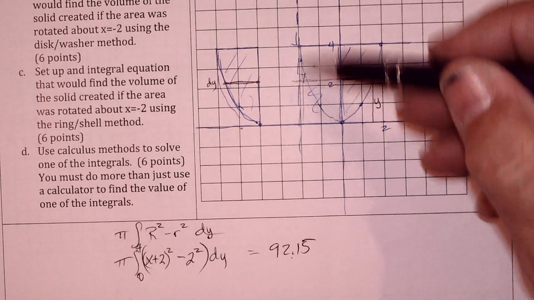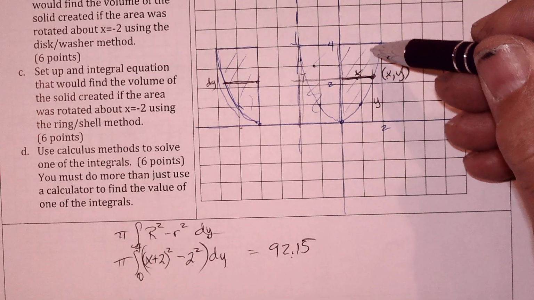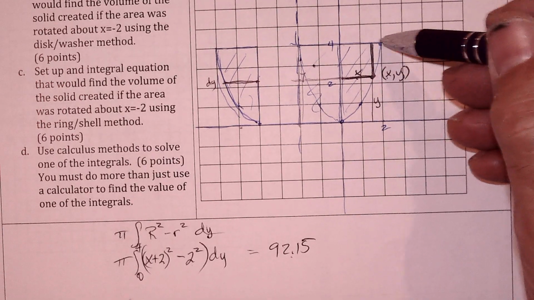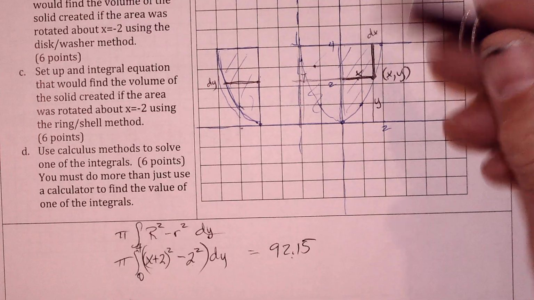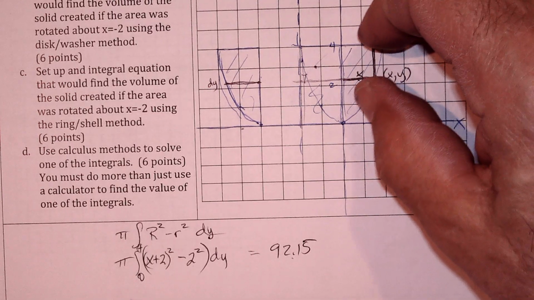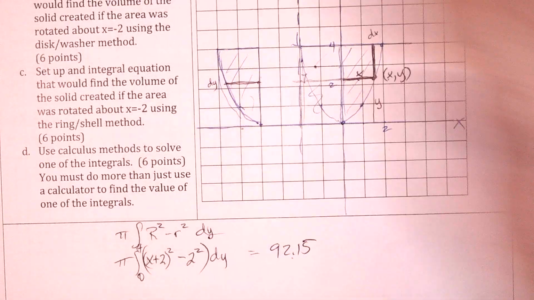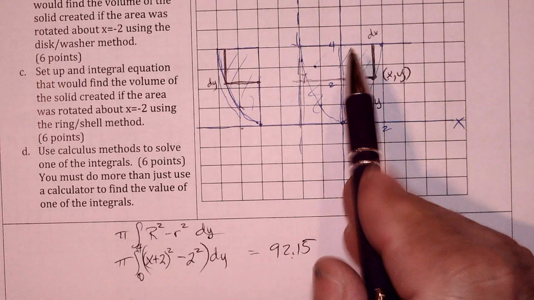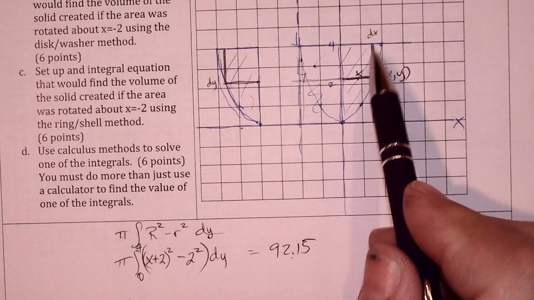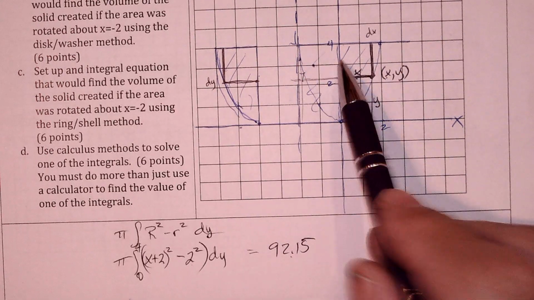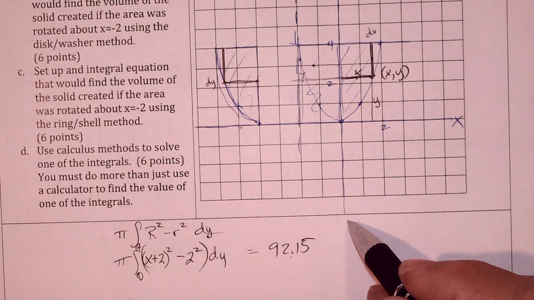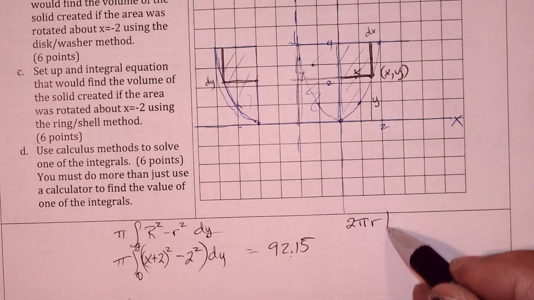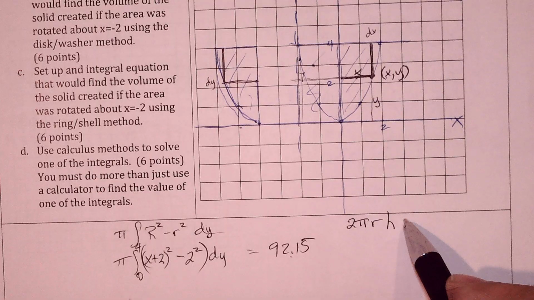So now this is the axis. I got to slice parallel. So I'll use my XY point and draw a slice that's going to be, thickness is dx, and that little segment is going to come up and go down over here. So its radius, because it's the distance clear around, is 2 pi r. That's 2 pi r times the height times the thickness.